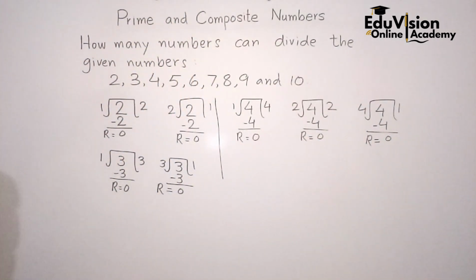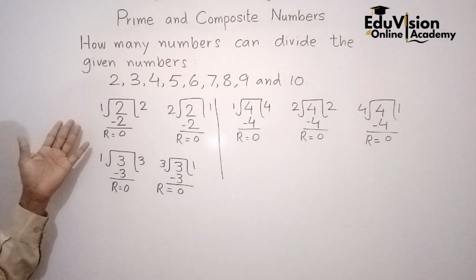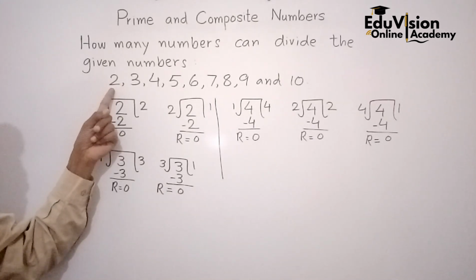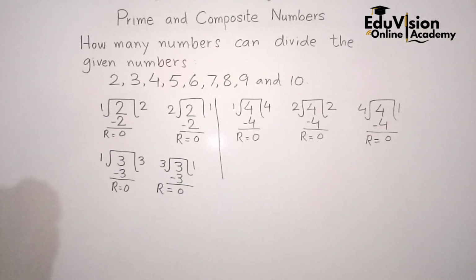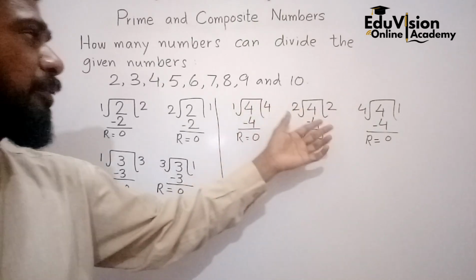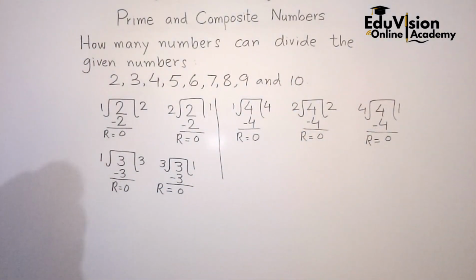So we can see 2 and 3 are such numbers that have two numbers that can divide them. How many numbers can divide 2? Only 2. How many numbers can divide 3? Only 2. But there is 4, such a number that is divisible by 3 numbers, 1, 2 and 4.